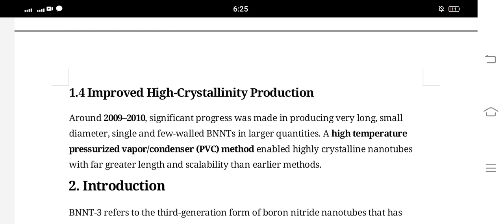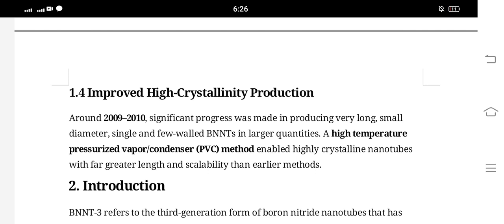Now there is improved high-strength production. A major breakthrough occurred around 2009 to 2010 when advanced synthesis techniques such as the high-temperature pressurized vapor condenser method were developed. These methods enable the production of highly crystalline, long and few-walled boron nitride nanotubes like boron nitride nanotube 3 in large quantities, paving the way for applied research.